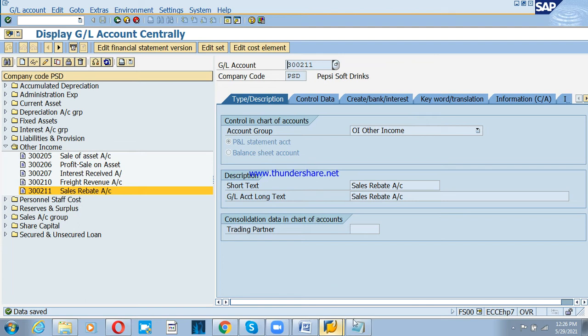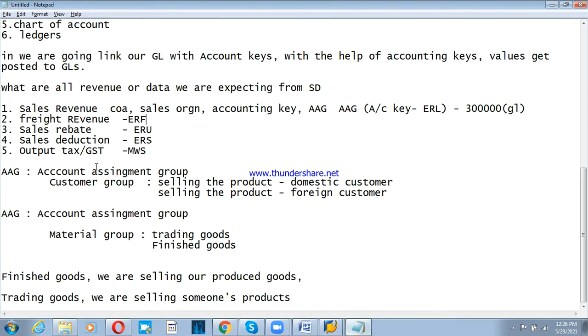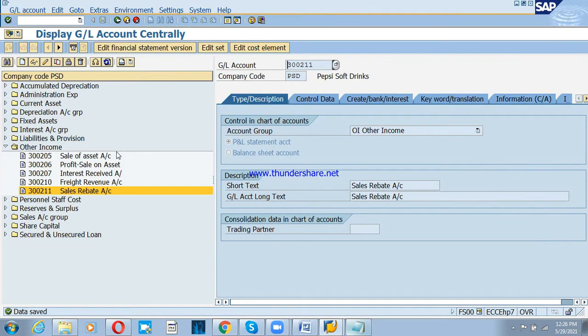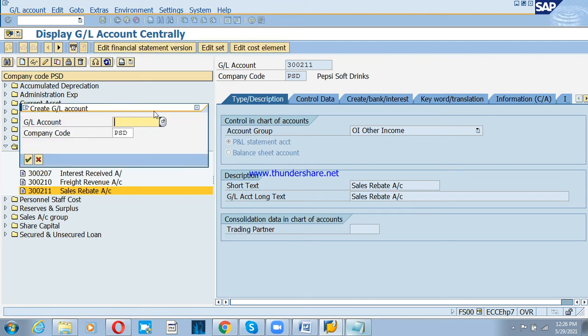Then one more ledger I require, that is sales deduction. We already have the revenue, that's the reason I'm not creating it again. Sales deduction I'm going to create in the increase or decrease in stock group. Click on create, 300400, enter.